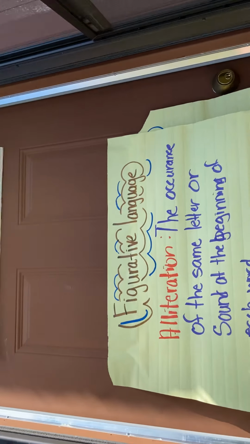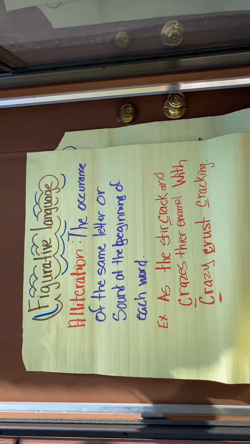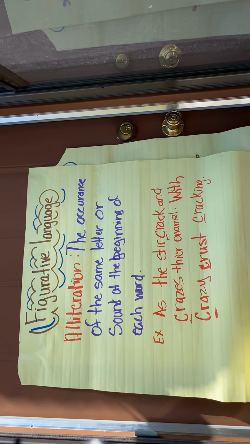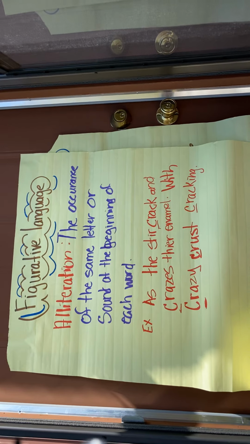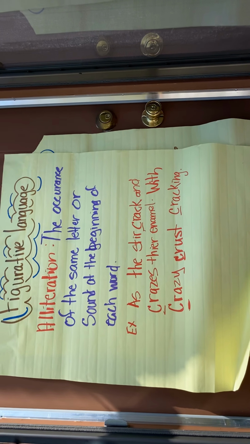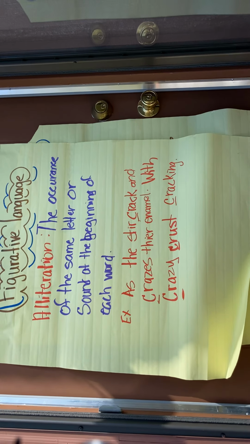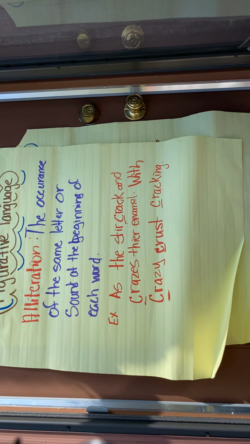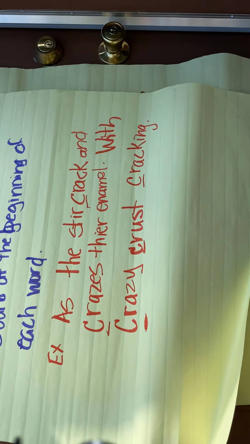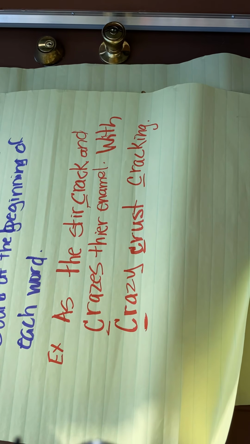All right, figurative language. Looking at figurative language, alliterations. We talked about alliterations. They are where you see the same sound at the beginning, or the same letter. I like to look at the same letter. For example, here's one I took from our famous poet, Robert Frost: "As the stir crack and the crazes their enamel, with crazy crusting crackling."